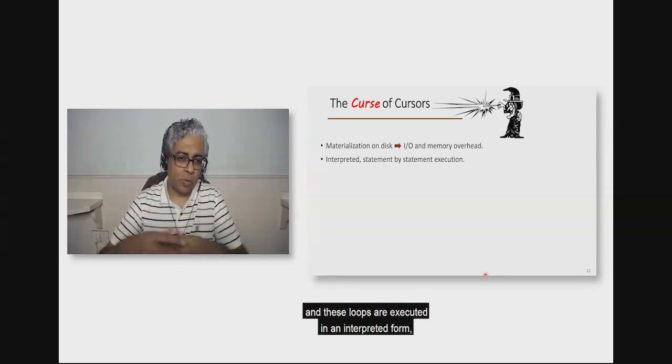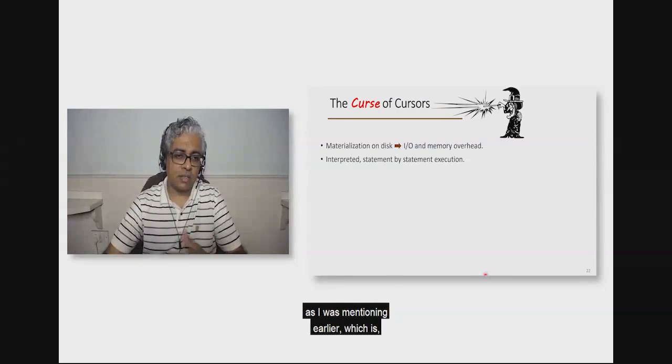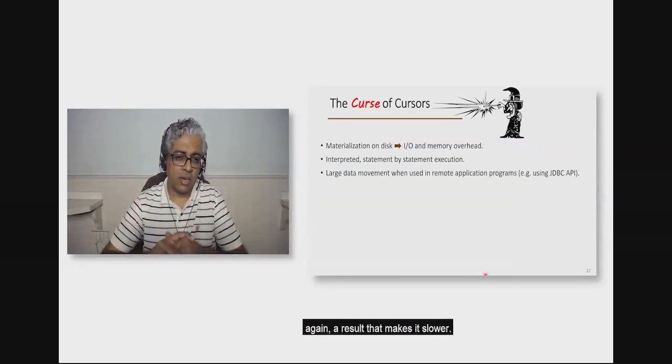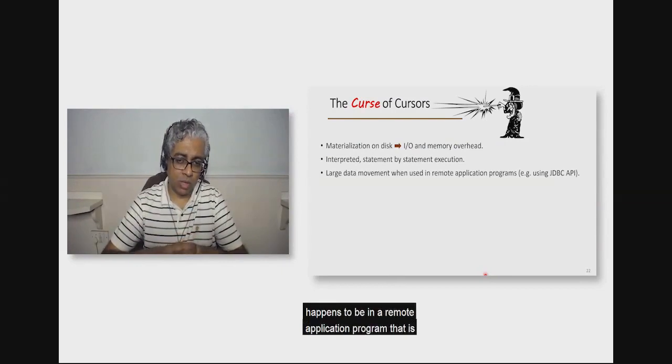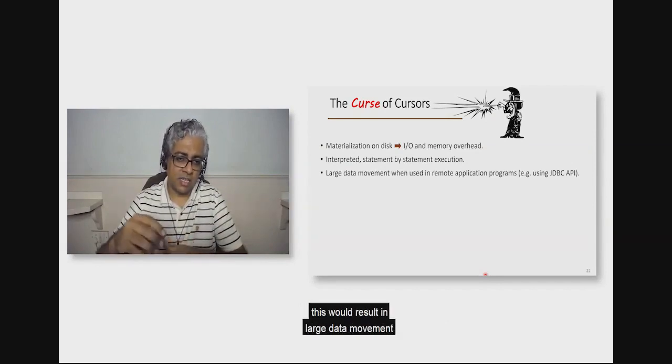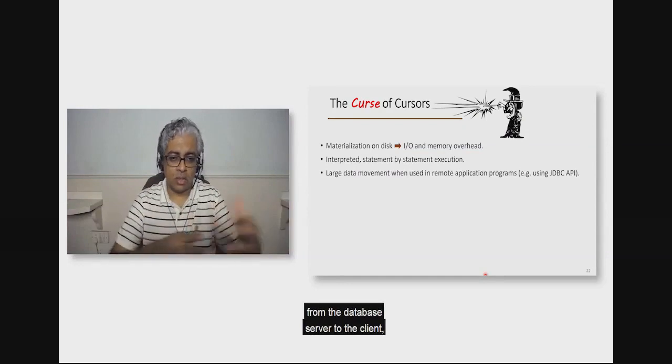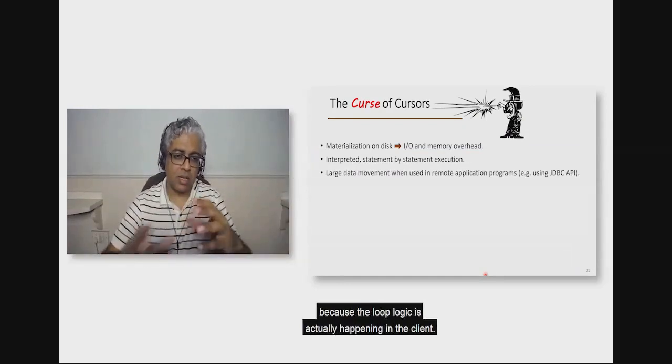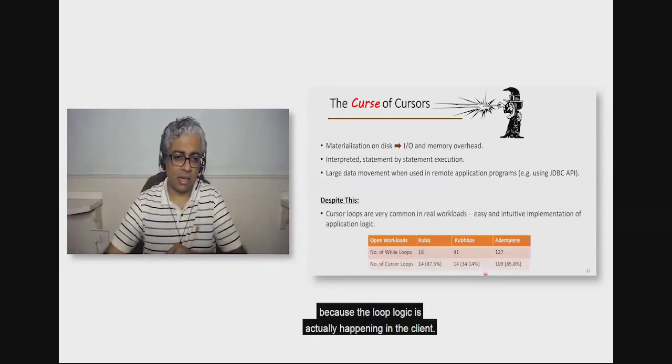And these loops are executed in an interpreted form, as I was mentioning earlier, which again makes it slower. And if this loop happens to be in a remote application program that is connecting to the database using APIs such as JDBC or ADO.NET, this would result in large data movement from the database server to the client because the loop logic is actually happening in the client.